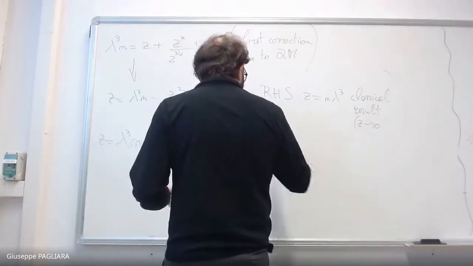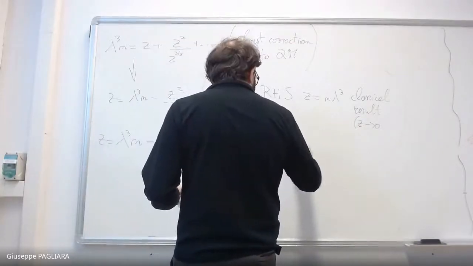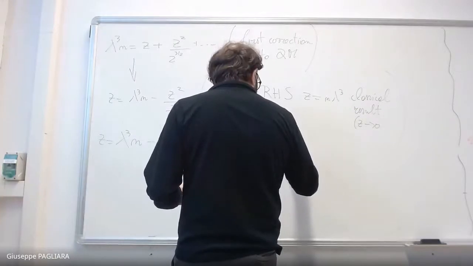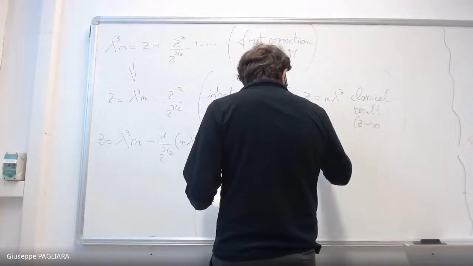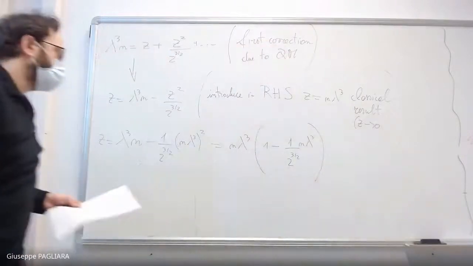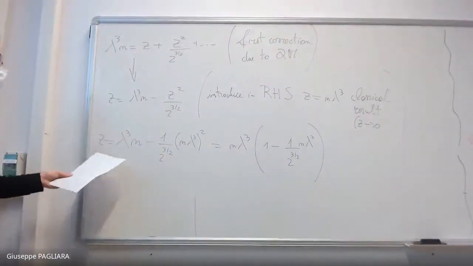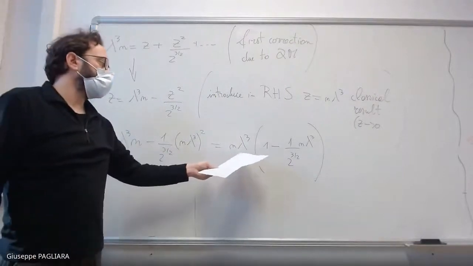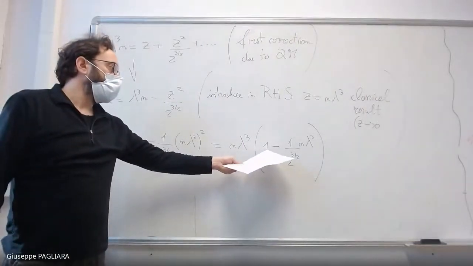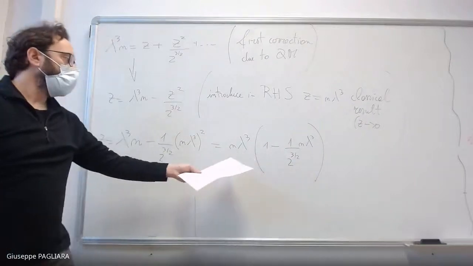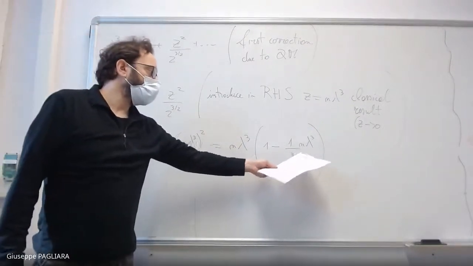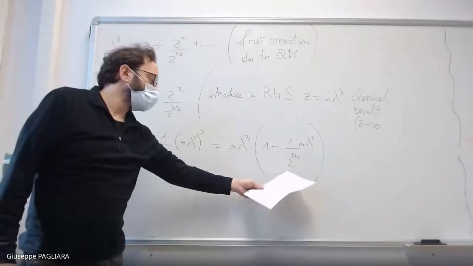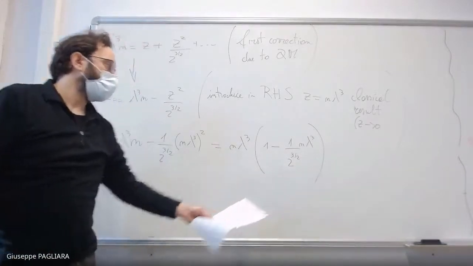And here I have 1 minus 1 divided by 2 to the power of 3 half and lambda cubed. Okay? So z is equal to n lambda cubed, which is the classical case. And then I have the first correction, which is a correction that goes as n lambda cubed to the power of 2 divided by 2 to the power of 3 half.